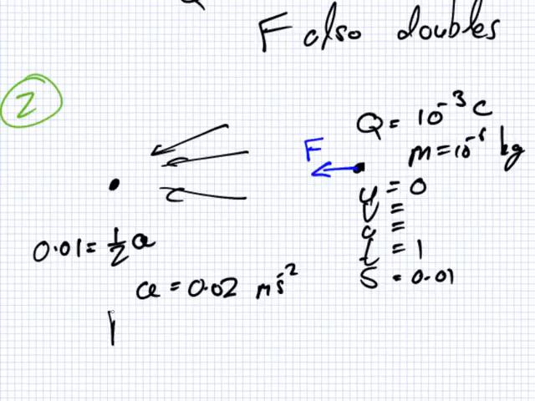But Newton tells us that F equals ma, so that would be 0... The mass is 1 microgram. Correct. So that's 10 to the power minus 6 gram.